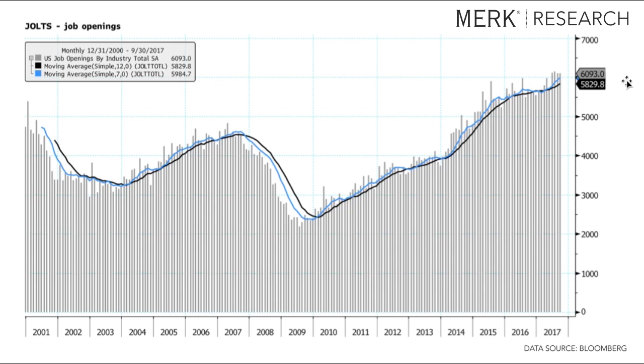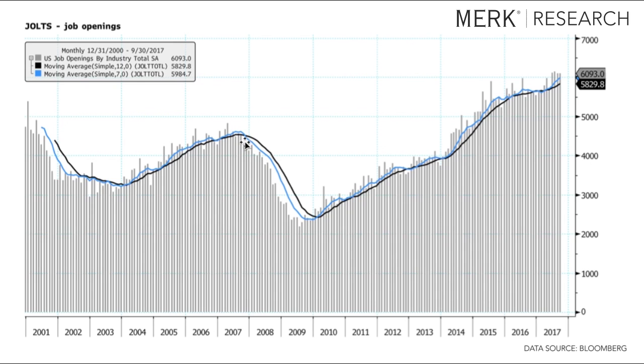And similarly here to the household credit chart, I have a moving average analysis that shows a faster moving average in blue and a slower moving average in black. And the idea is that a crossover of that faster moving average below the slower moving average would be a negative.